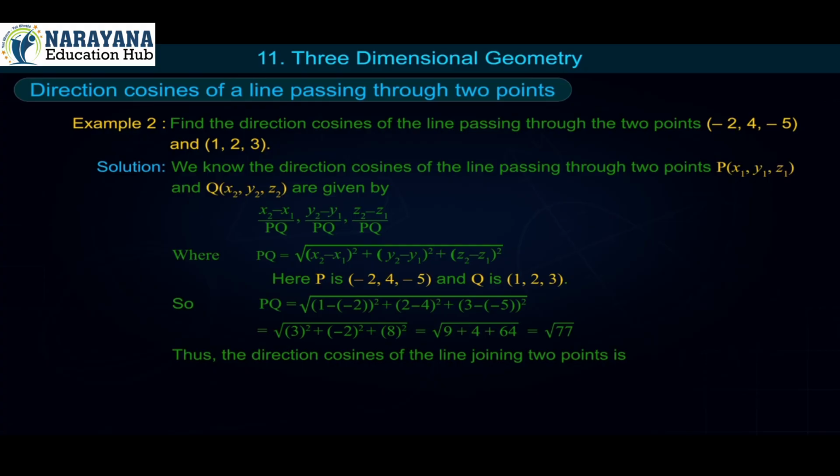Thus, the direction cosines of the line joining the two points are 3 upon square root of 77, minus 2 upon square root of 77, 8 upon square root of 77.